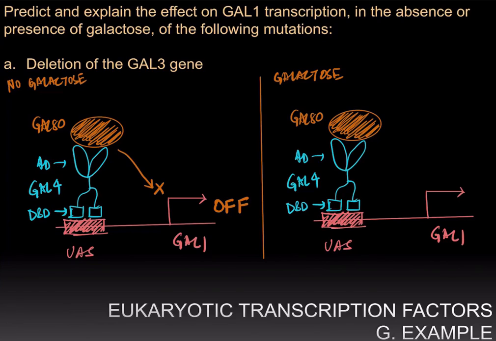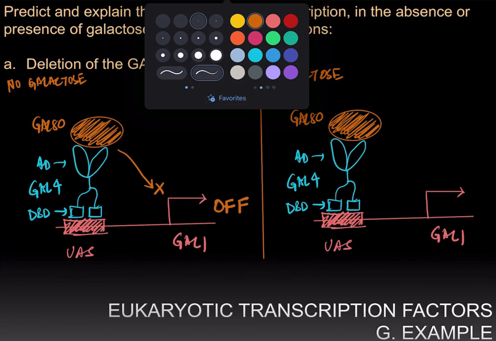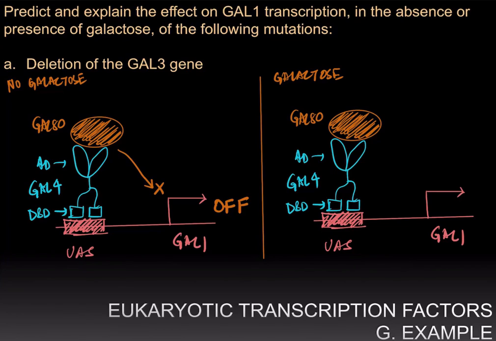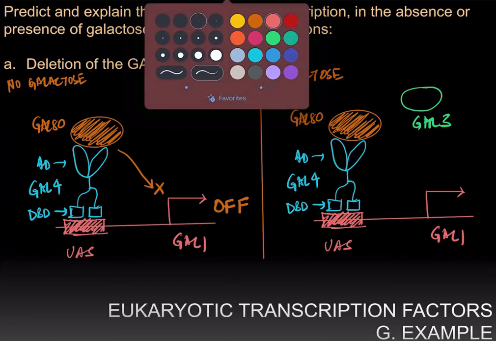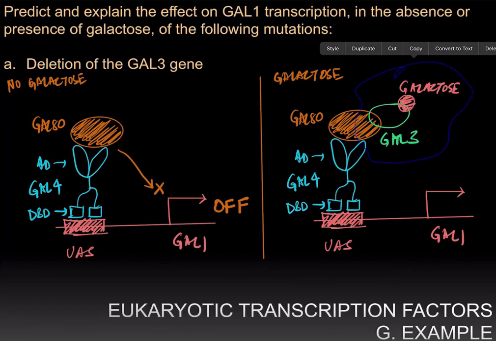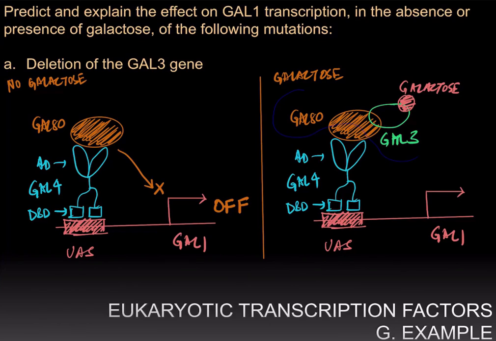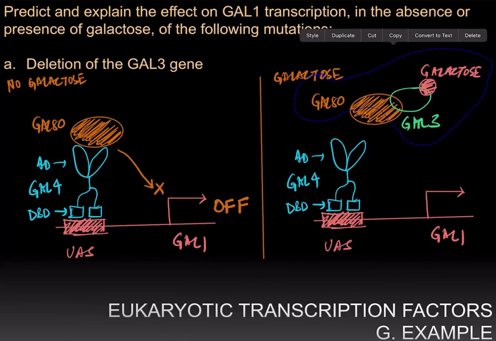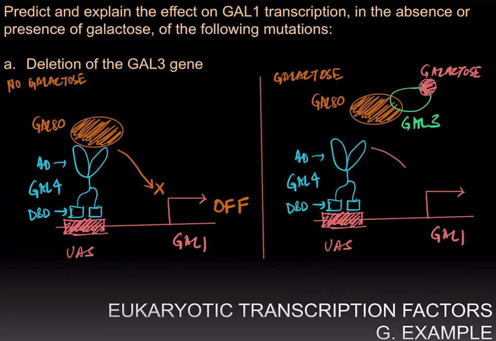When galactose is available in the cell, then galactose will bind GAL3, and this is galactose, and then that will allow GAL3 to bind GAL80, and that prevents GAL80 from binding GAL4, allowing the GAL4 activation domain to recruit RNA polymerase, thereby turning on the GAL1 gene.